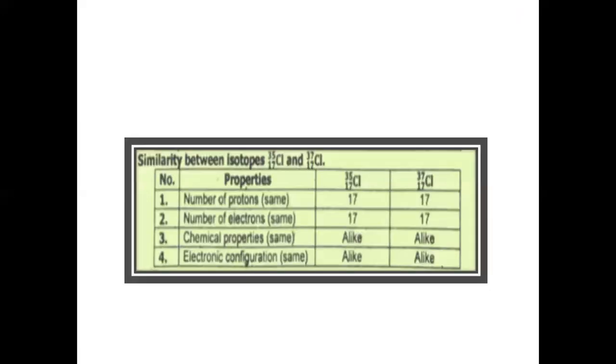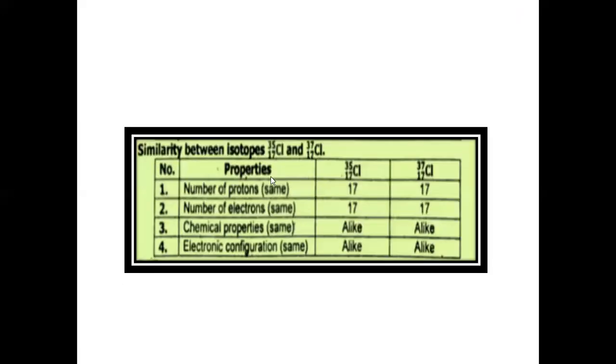What are the similarities between these two isotopes? The number of protons is the same, 17, 17. The number of electrons is the same, 17, 17. Chemical properties are the same because chemical properties depend upon the electrons present in the outermost shell. As both have the same 7 electrons in the outermost shell, their chemical properties are also the same.